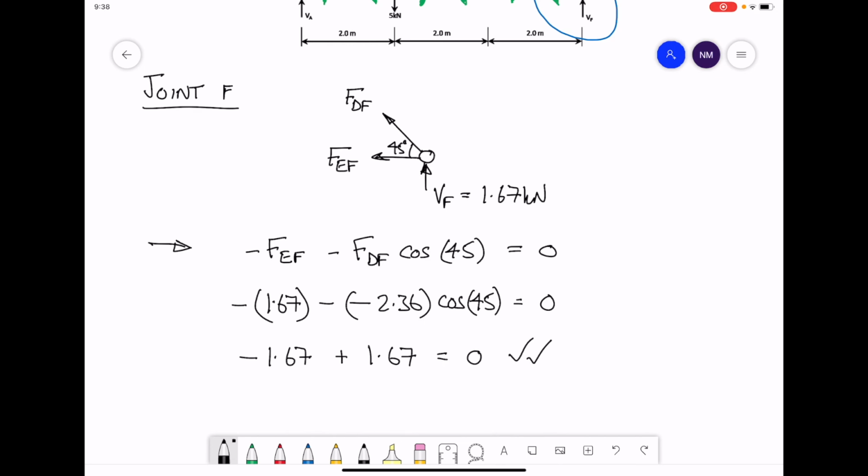Therefore that gives us confidence in all our calculated values being correct, because our final check adds up to give us 0. If we had made a mistake somewhere in our resolving the joints and a member force, this last check wouldn't work out or give you anywhere close to 0.